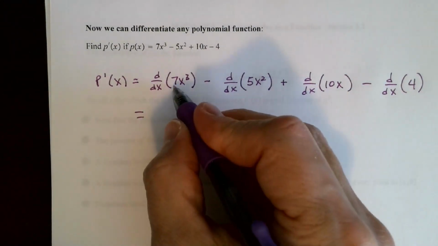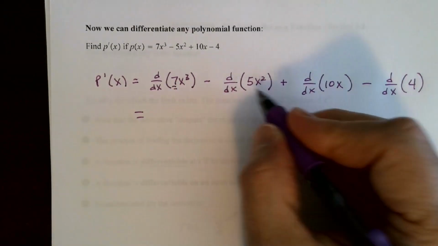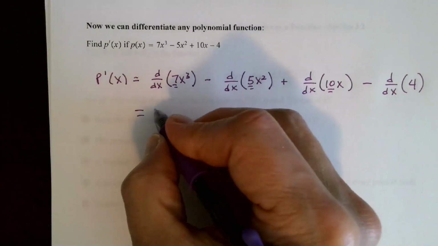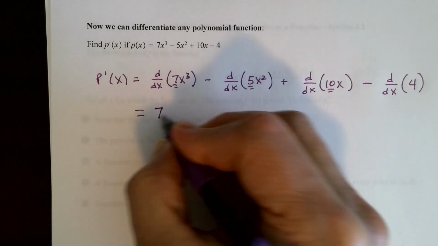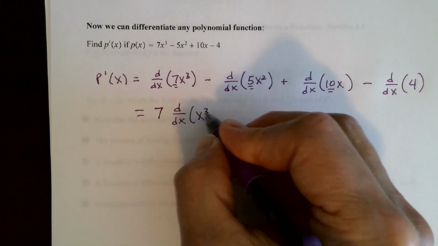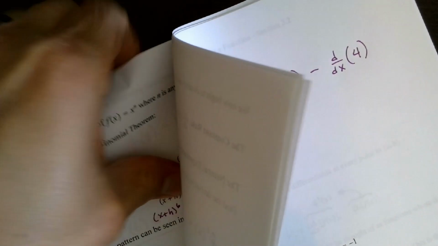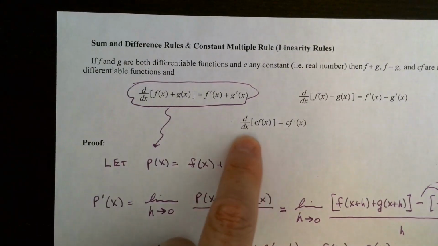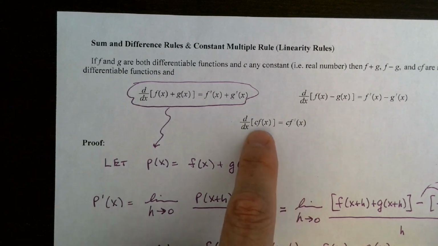Furthermore, the constant multiple rule is also one, right? These are all constant multiples of functions here. I can pull those out by linearity rules. In other words, this becomes 7 times the derivative with respect to x of x cubed. So that was using this linearity rule that, right, the constant can come out.